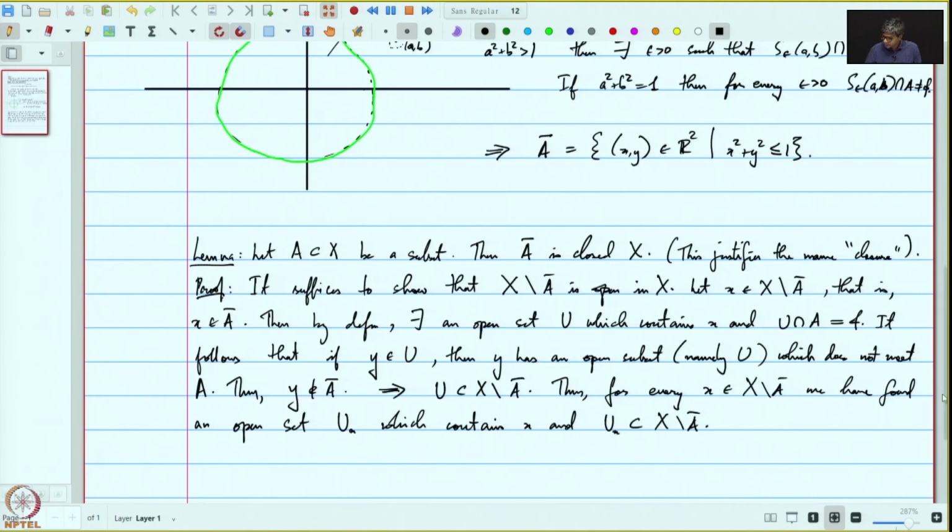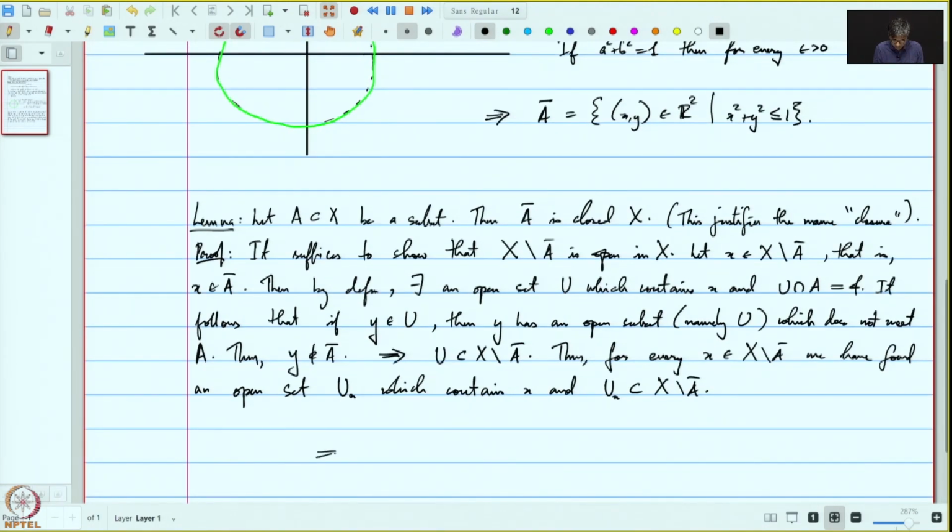So therefore, we can write X minus A closure as the union of the U sub x. Each of these is open, and an arbitrary union of open sets is open, so this implies that X minus A closure is open.